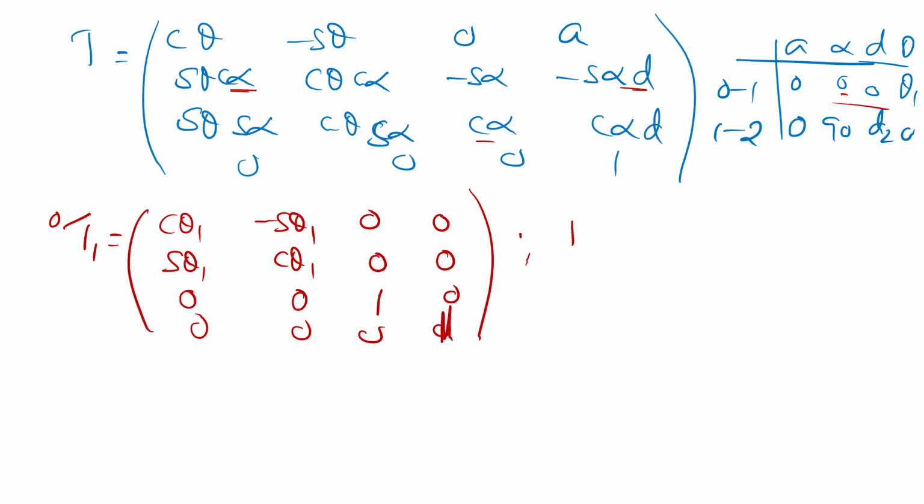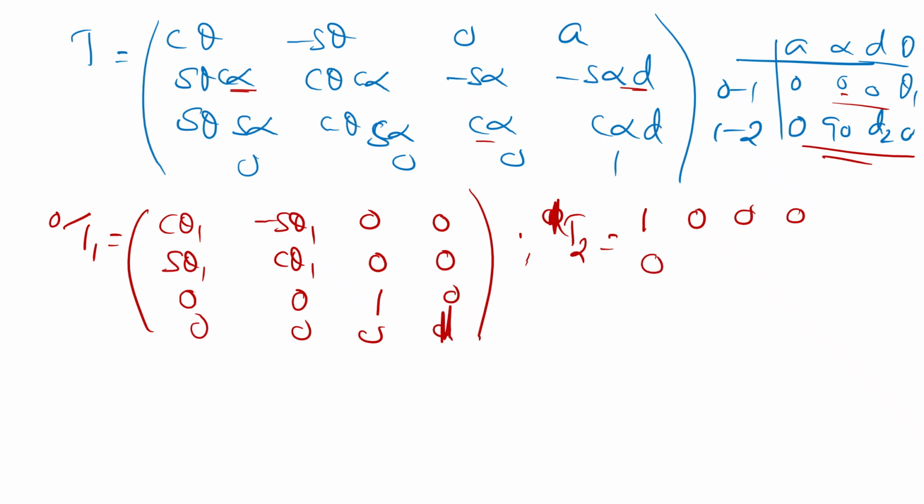Okay. So let's do T21. For T21 you take these values and substitute. Do you have cos theta? Cos theta is 0, so cos 0 is 1. The next one is minus sine 0, and sine 0 is 0. Do you have A? No, so 0. Sine theta is sine 0, which is 0.